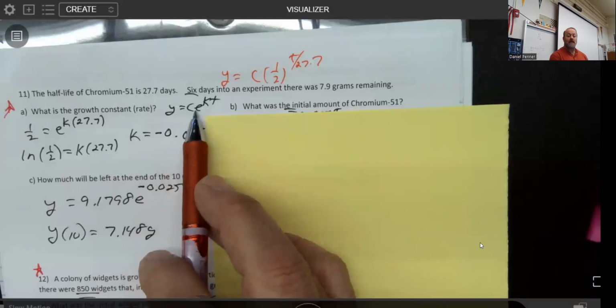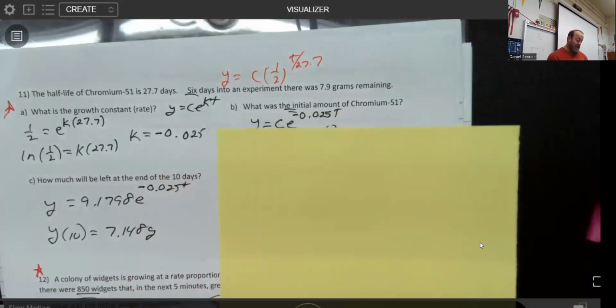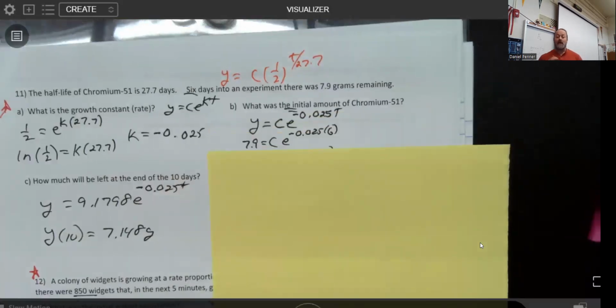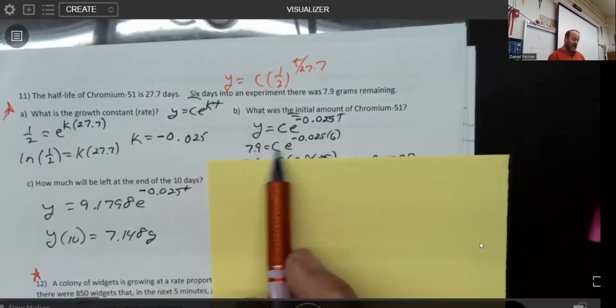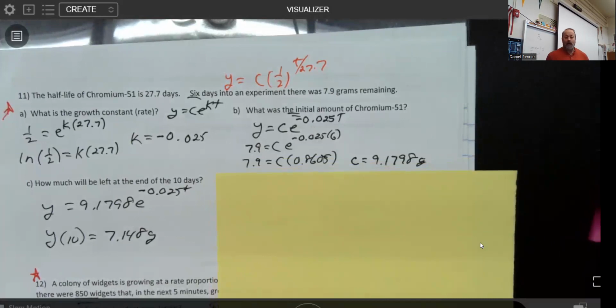We just need C left. So I just plugged in all the numbers to each of those places. And then, of course, this is just a number I can get on my calculator. If I take 7.9 and divide it by that number, I would find out that the initial condition was 9.1798 grams. Okay, just a fairly straightforward little problem.